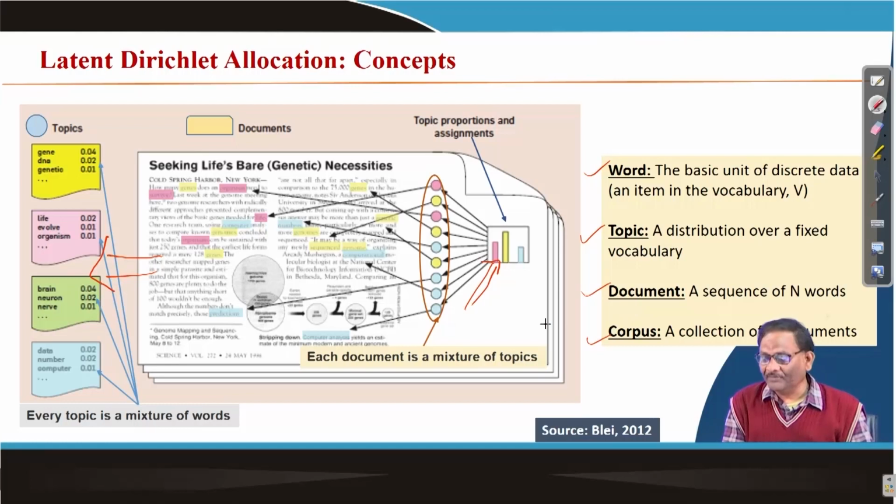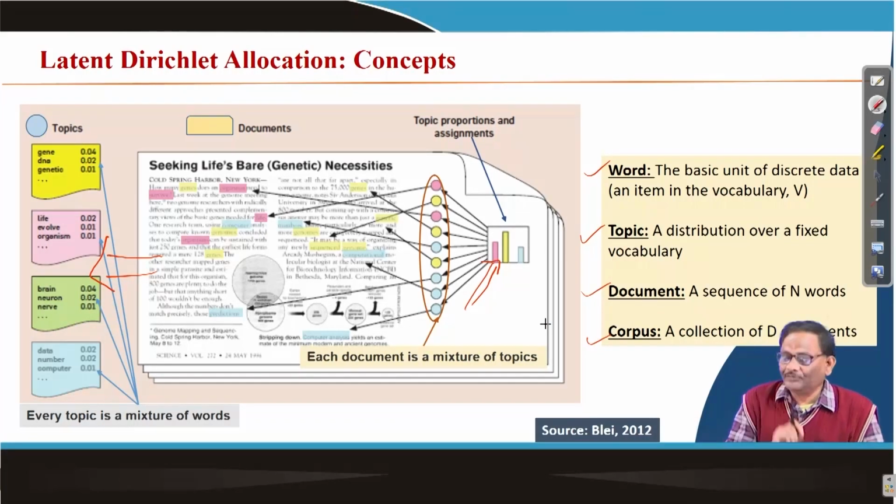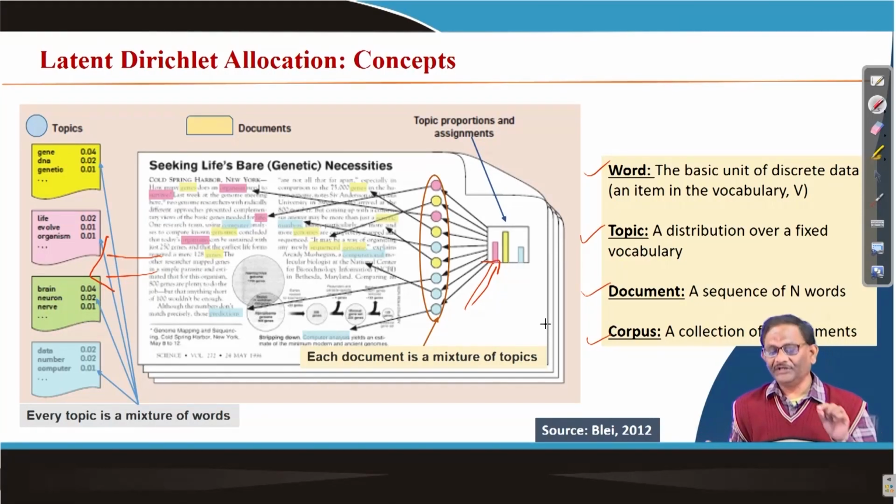So in topic modeling, what is the basic unit of discrete data? Suppose I consider all the D documents, and you create the entire vocabulary. Each word there is one basic unit, and this is obviously discrete in nature. Then what is a topic? A topic is a distribution over a fixed vocabulary.